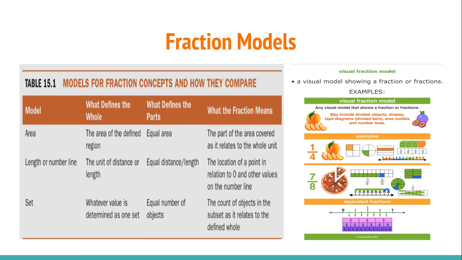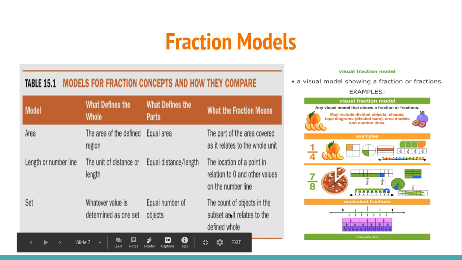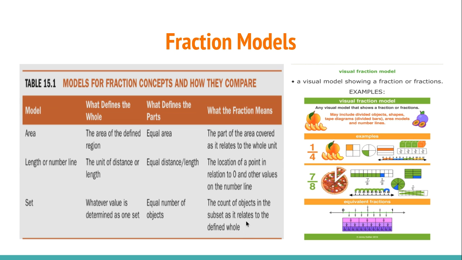Whatever value is determined as one set is what defines the whole, and the equal number of objects is what defines the parts. So really, they're all very similar. For this set, what the fraction means is the count of the objects in the subset as it relates to the defined whole.